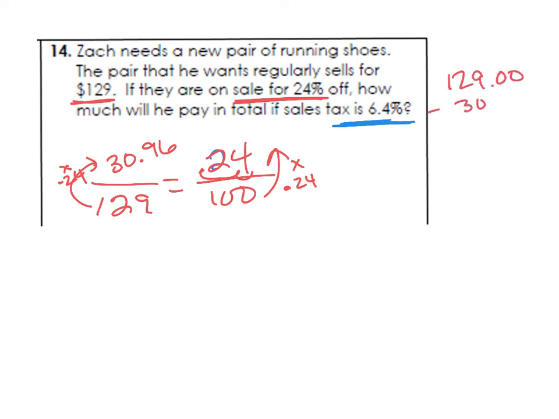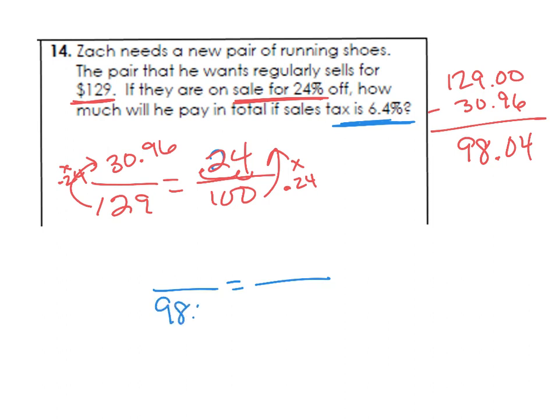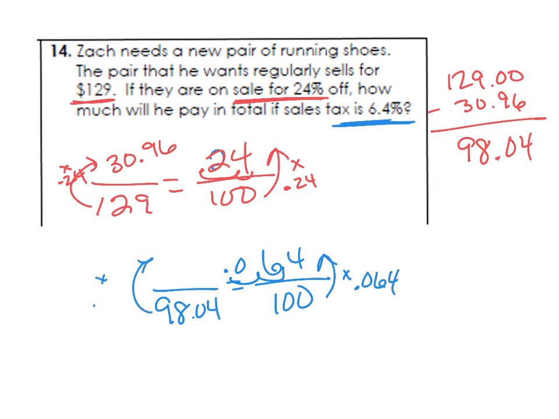So again, I'm going to do the math over here. 129 minus $30.96. Right now, the sale price is $98.04. But we're not done. Let's figure out tax. We're going to use the 98.04. And we have 6 4/10% sales tax, so we're going to move it over twice. So I'm going to multiply by 0.064, 64 thousandths.